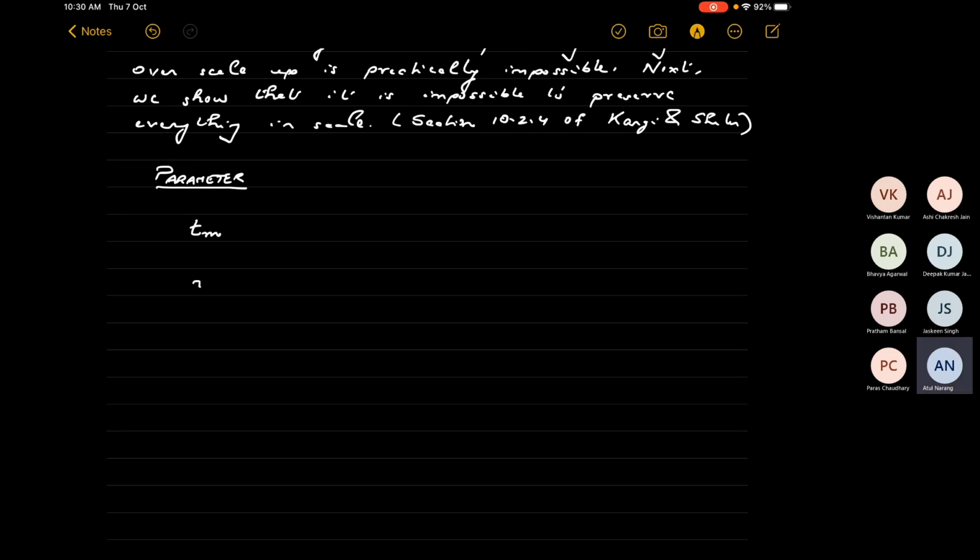We can consider the impeller speed. We can consider the impeller Reynolds number. And another important parameter which we have already seen is, for example, the power per unit volume, right?